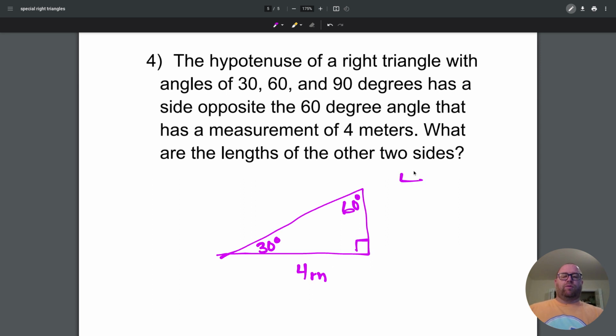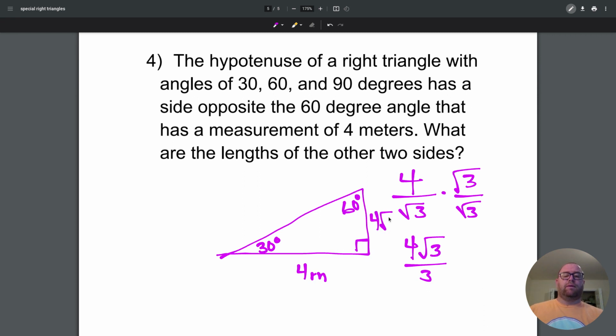So I'm going to do 4 divided by the square root of 3. And again, we'll rationalize the denominator by multiplying by the square root of 3 over the square root of 3. So we'll get 4 square roots of 3 over 3. And that's going to be this side. Now, if we double that, we'll get the hypotenuse.